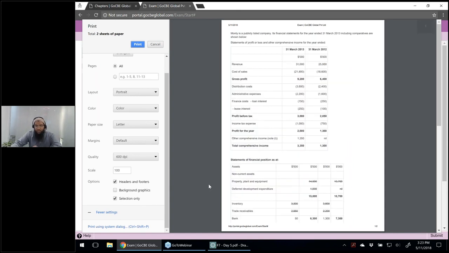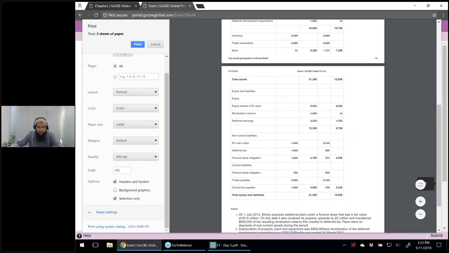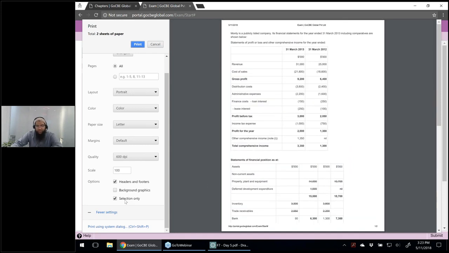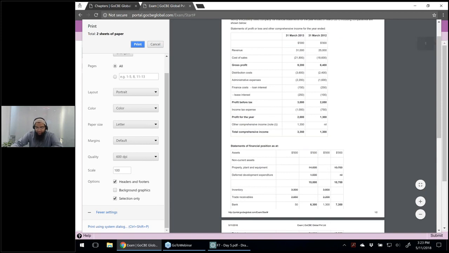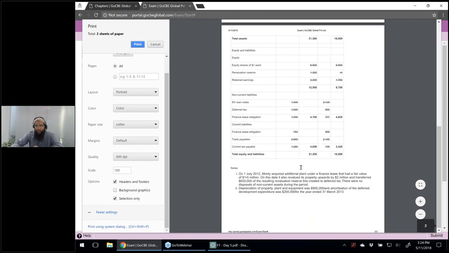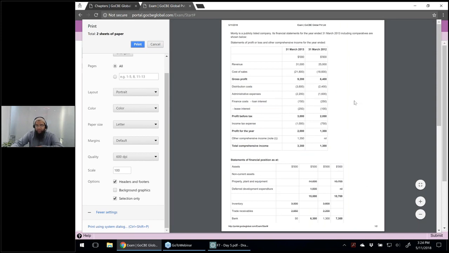Yes, now you can find the complete question if you mark the option as selection only. So you're going to find the entire question from the start till the end. Now you can print it simply. Are you getting the point, Liliana? This is the way you can print the question.